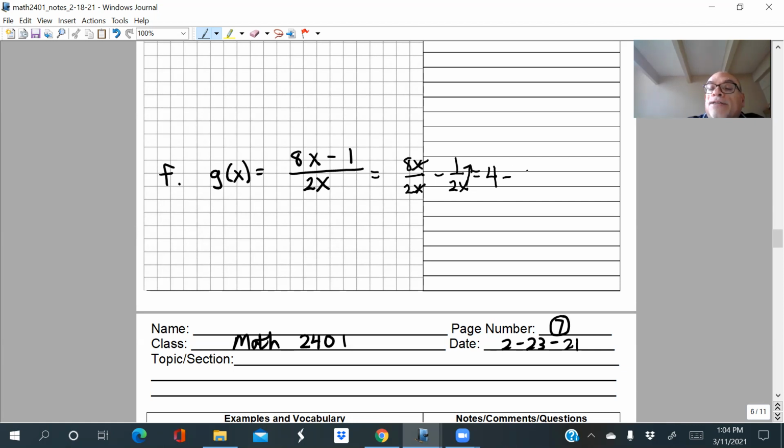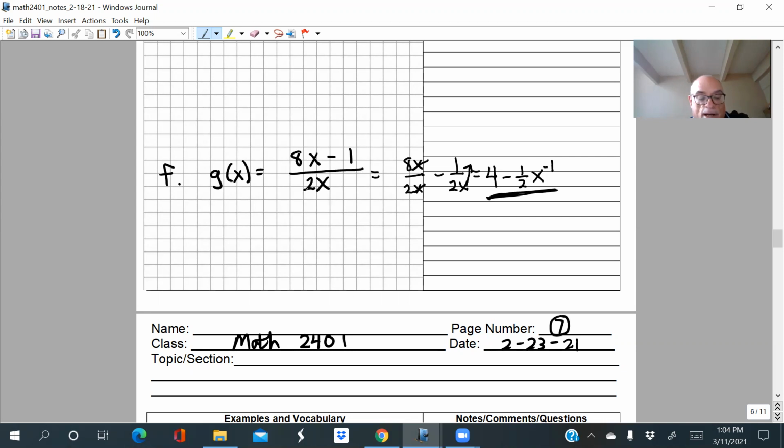So you get minus 1/2, the 2 stays in the bottom, times x to the -1. And now you can find the derivative of the function when it's written like this. But when you have it originally written like this, it's going to be hard to find the derivative of. Now when it's written in this form, which looks ugly, it's much easier to find the derivative in this form than in the original form.